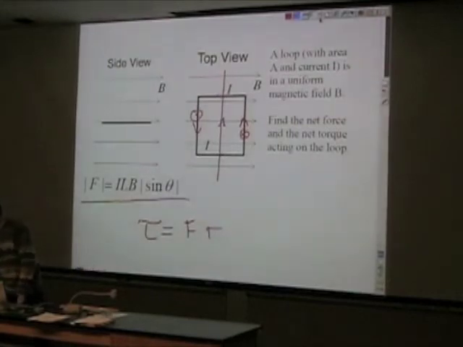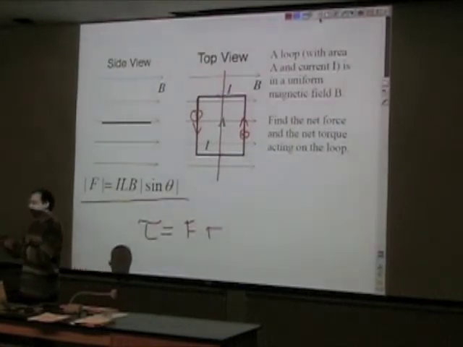That's why this side, if we look at it from above, that's a top view, this side moves away from me, and this side, when I look at it from the top, moves towards me. So this loop rotates like this.